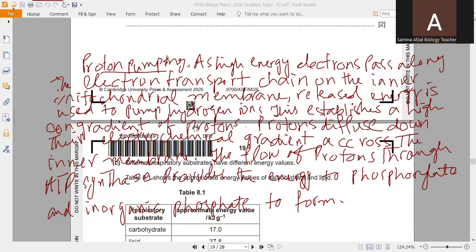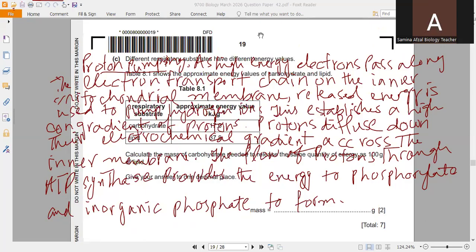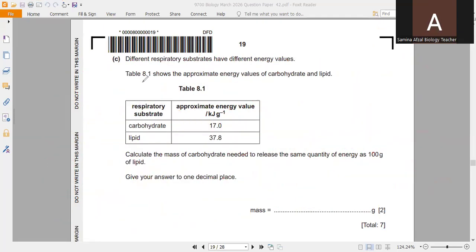Now the last part of this question: different respiratory substrates have different energy values. Table 8.1 shows the approximate energy values of carbohydrate and lipid.